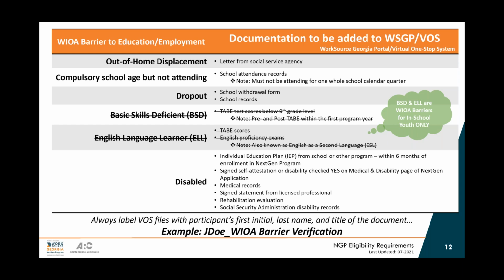So all of you who are out-of-school youth providers, you cannot make someone eligible for the program just by proving that they're basic skills deficient or an English language learner. Those are only in the in-school youth portion of the program. These two categories are only additional barriers. They're not main WIOA barriers.